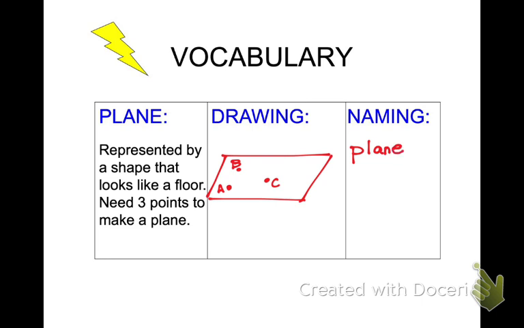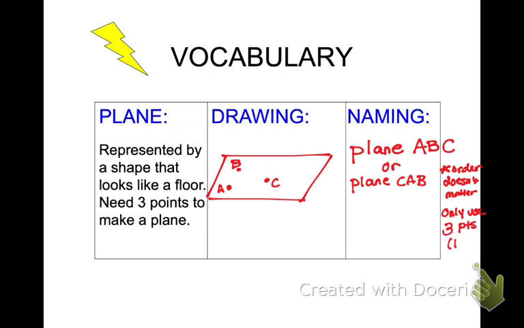And then I'm going to put those 3 points, doesn't matter what order. So plane ABC. Or plane CAB. Doesn't matter the order. Okay, so again, order doesn't matter. And only use 3 points or 3 letters.